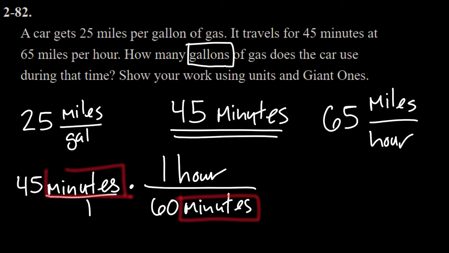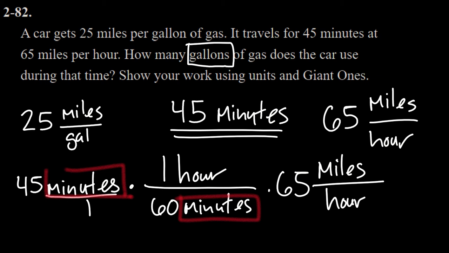Now, I'm going to introduce this rate that I have, and the rate that I have was I was traveling at 65 miles, M-I-L-E-S, per hour. Now what's convenient about that is if we look carefully, I've got hours here, right? And I've got hours here. Well, my hours are now gone.